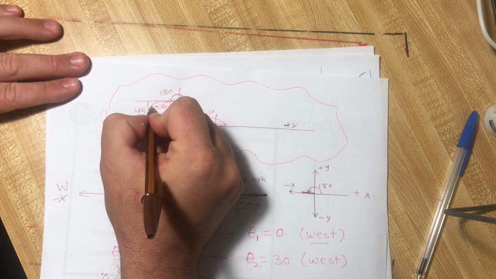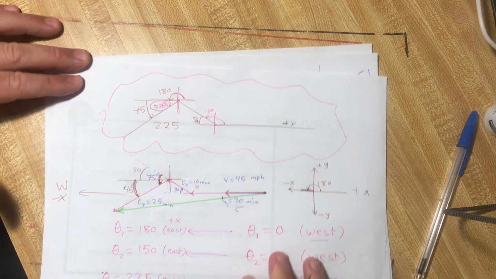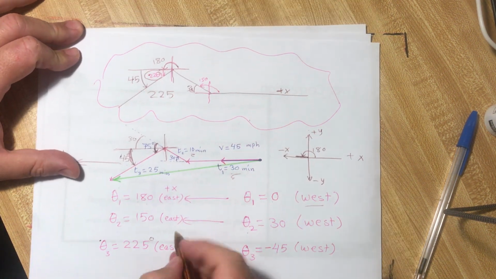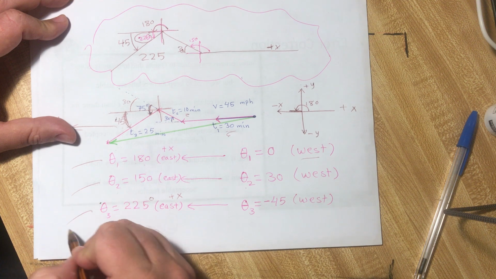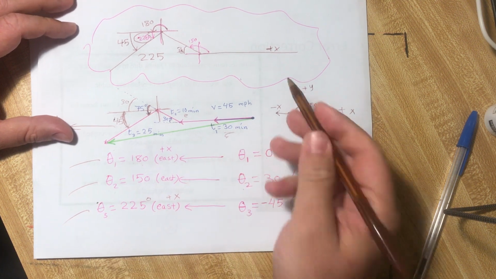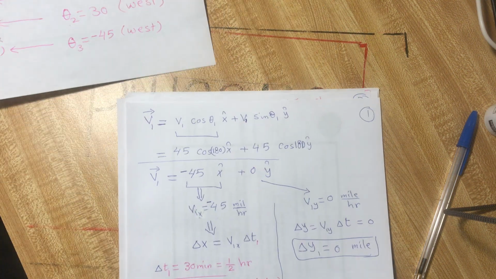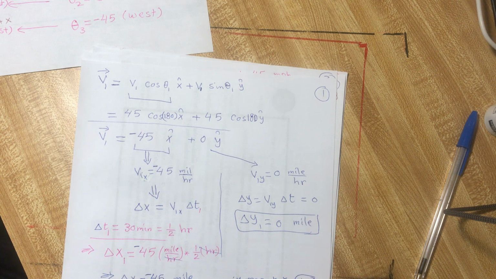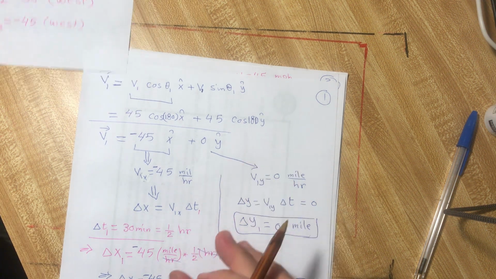The total angle will be 225 degrees with respect to east or the positive x-axis. Now I have the angles with respect to positive x. Okay, I need to compute the velocity vector for the first movement for this plane.